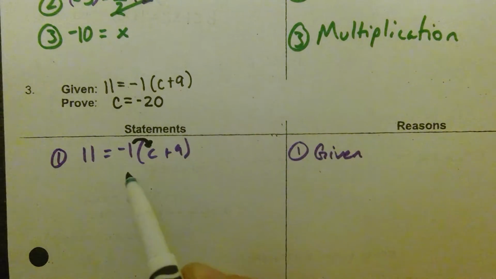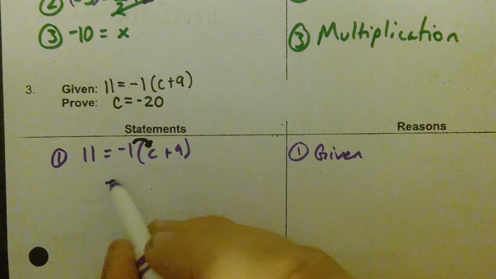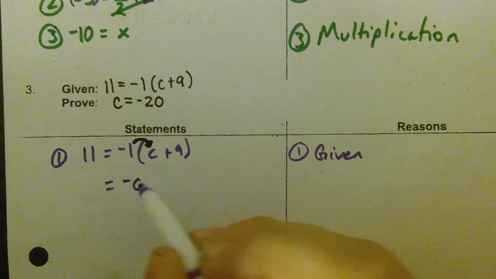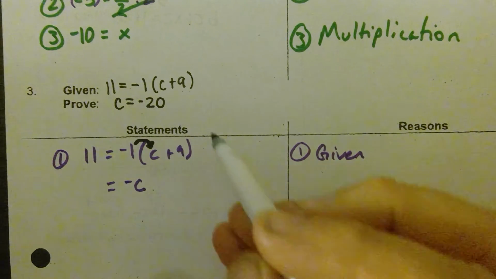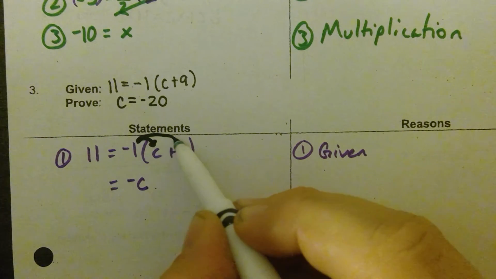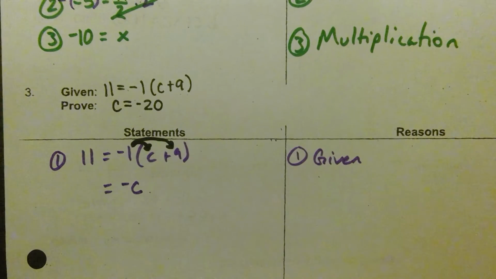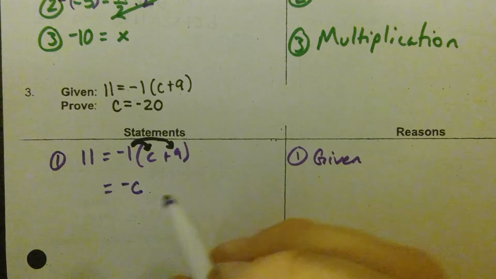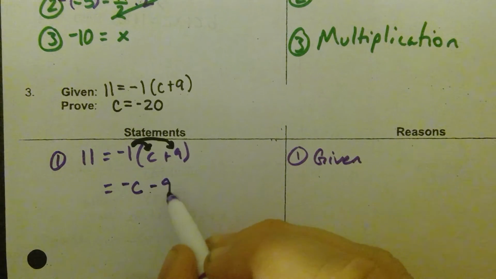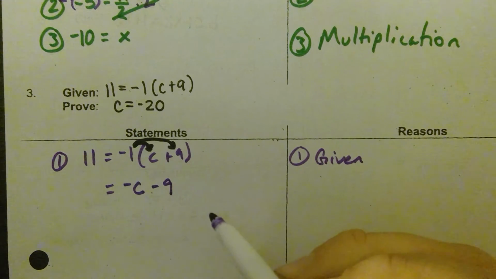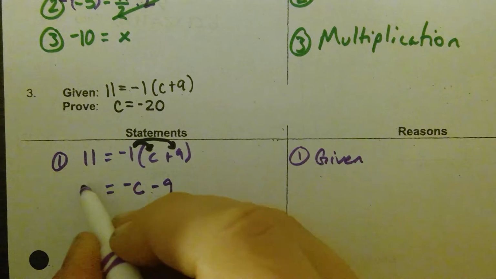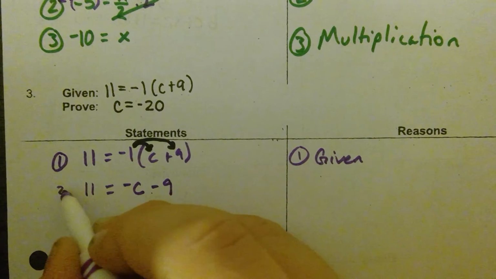So that negative 1 is going to get multiplied by the c, and it's going to give us negative c. And then this negative 1 also has to get multiplied by the plus 9, and negative 1 times plus 9 is negative 9, not plus 9. I see that mistake made a lot. And then this left side is just going to stay as 11.